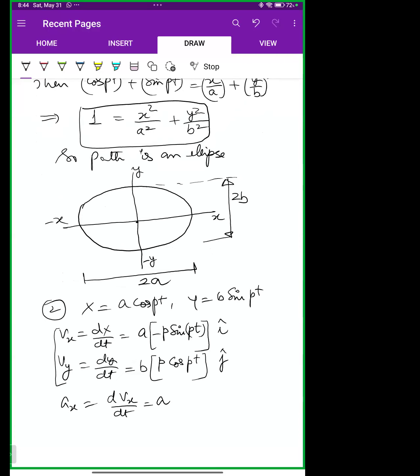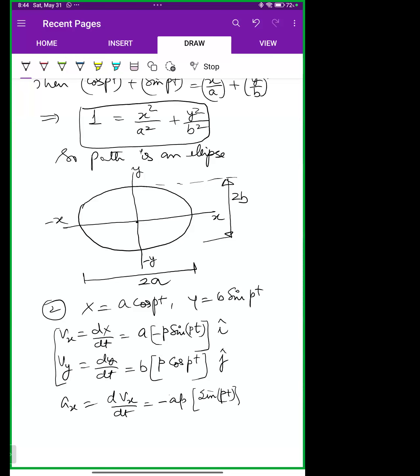So again differentiating AP, minus AP comes out. Minus AP and then differentiation of sin PT.